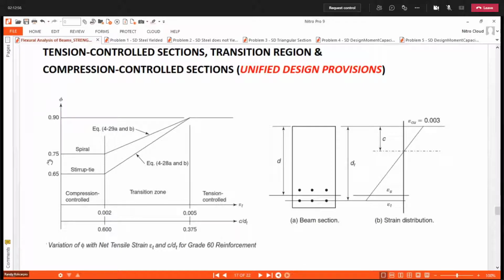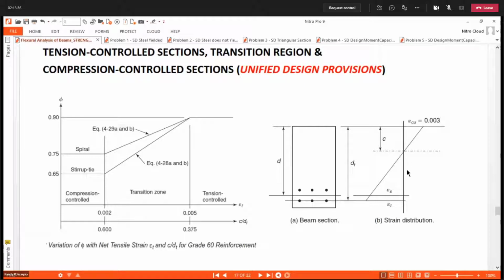So ito yung pagkuha natin ng strength reduction factor. Ito yung value ng reduction factor. Dito naman sa horizontal, dinidetermine natin yung epsilon t. So this is referring to the strain in the tension reinforcement. To be specific, ito yung strain dun sa outermost, or we can say farther layer of bar from the extreme compression fiber.